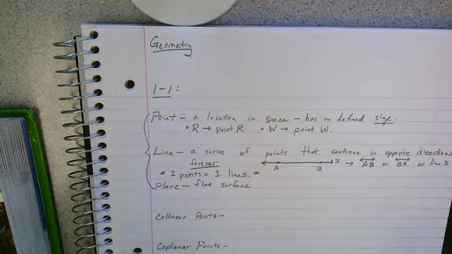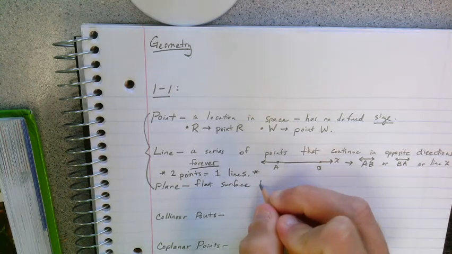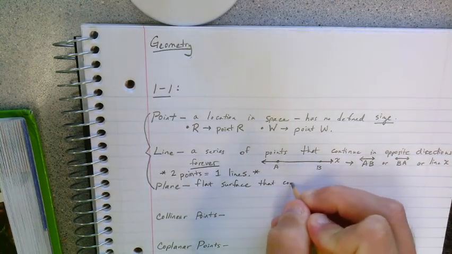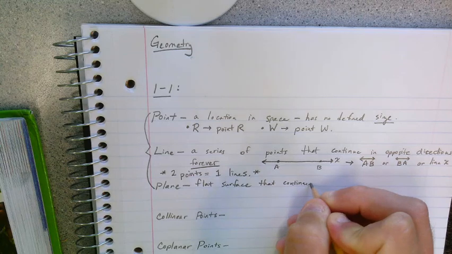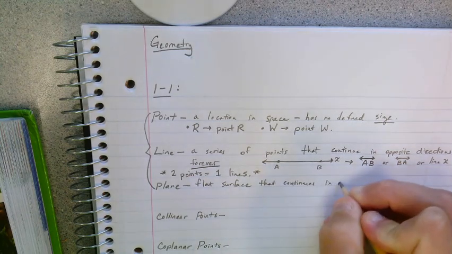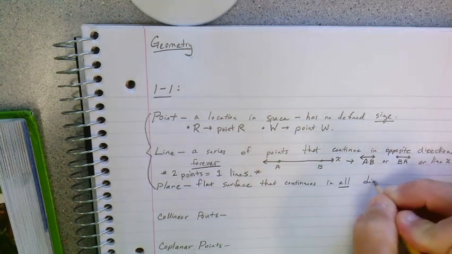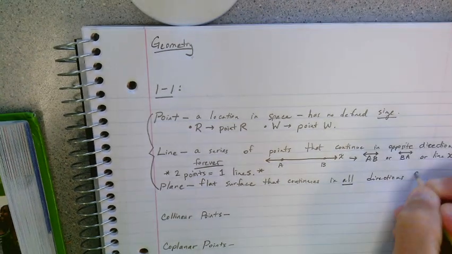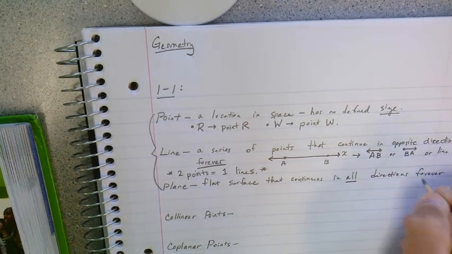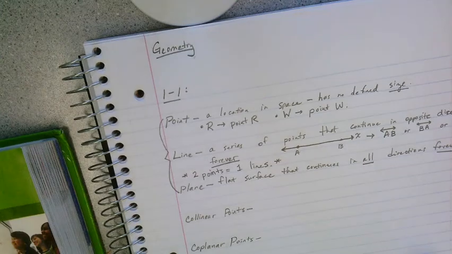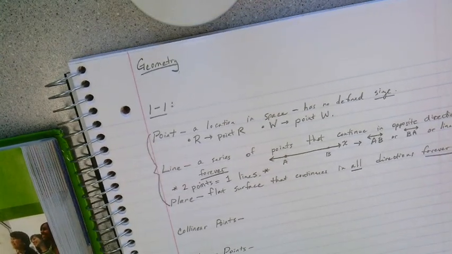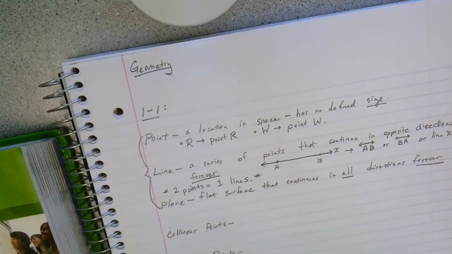That continues in all directions forever. So a flat surface that continues in all directions forever.